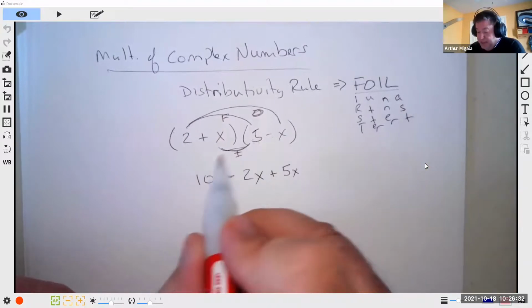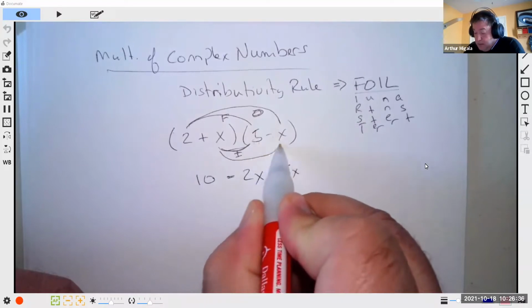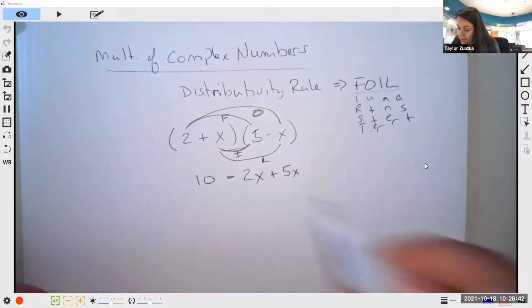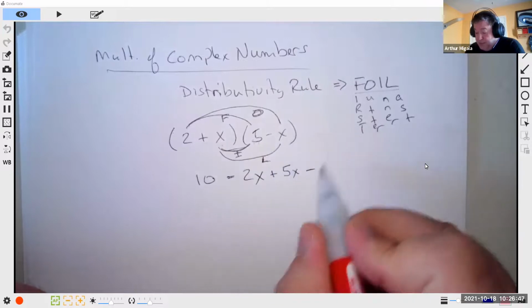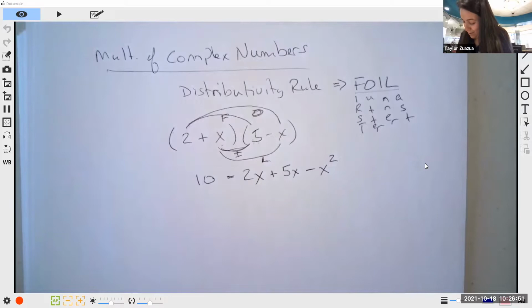And the L stands for last. It's the last numbers inside the parentheses, which is x. Positive times negative is negative. x times x is x squared. I've got to rewrite that because I was bunching it up and it doesn't look right.